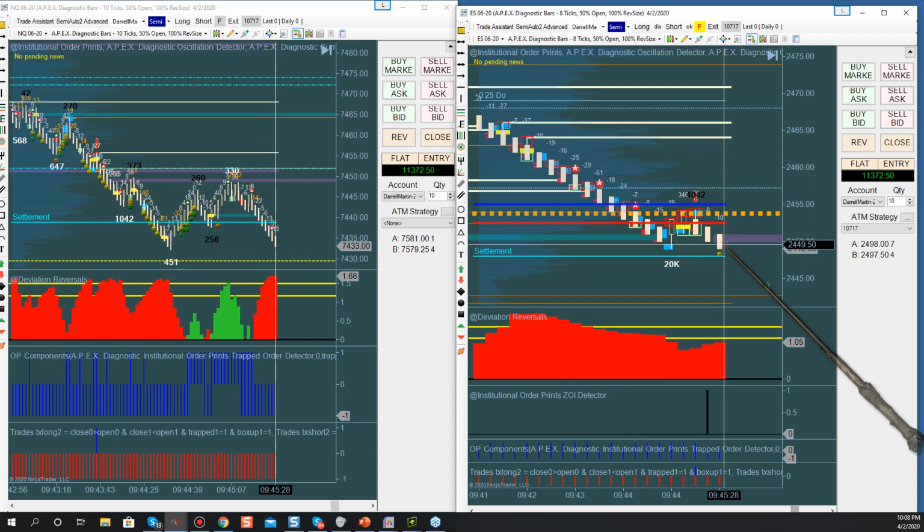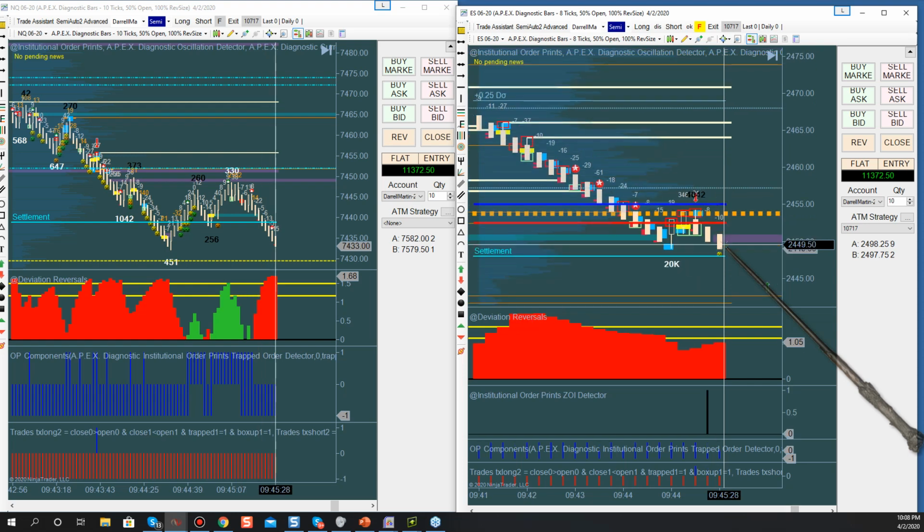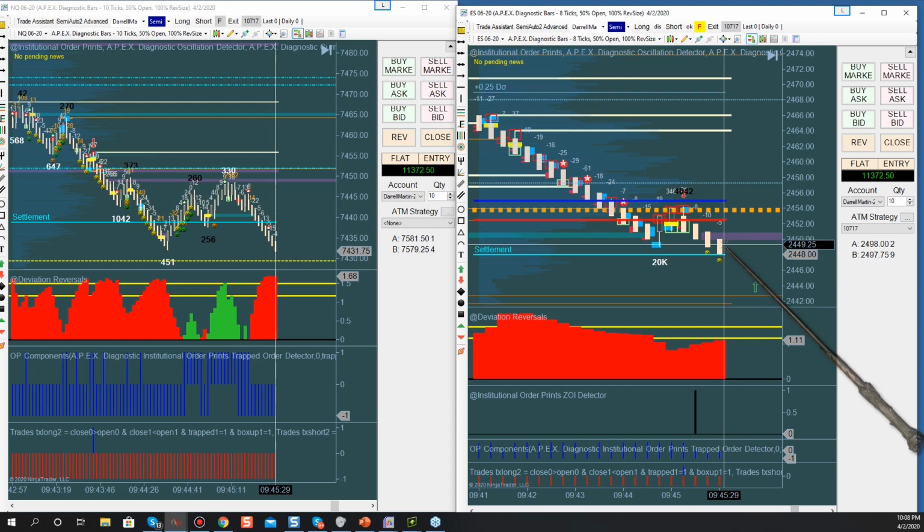Yeah, I would take it. Because I got room. ES, the settlement is going to pull it to it. It's the strongest level out there. Okay? So I got room between that and settlement, and I get a short right before it. I expect it to go down to settlement. I don't know what kind of crazy crap's going to happen after that, but I expect it to get there.